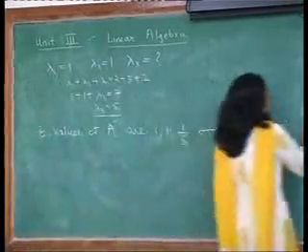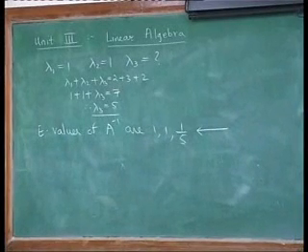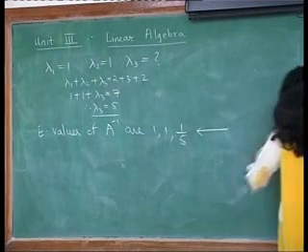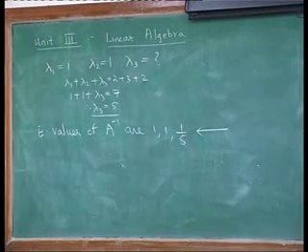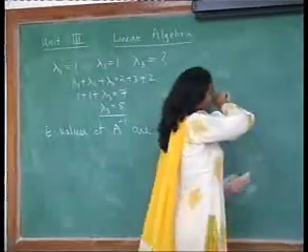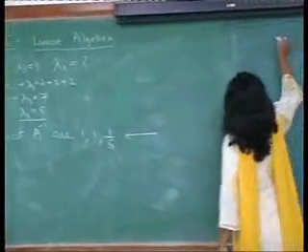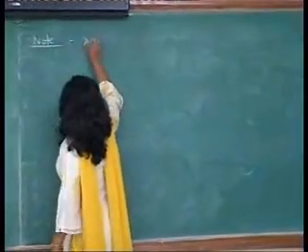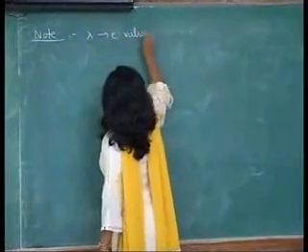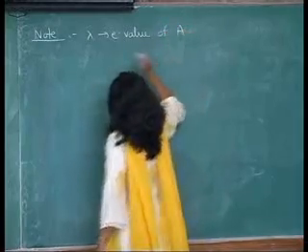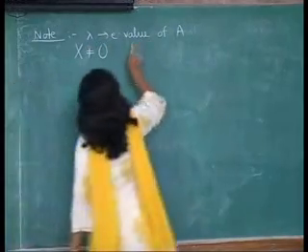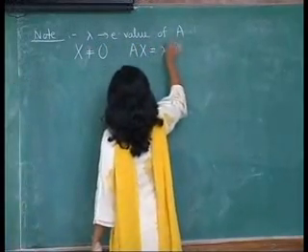And before we wind up this session, as I had promised, we'll see a method for finding the eigenvectors of a matrix, and we'll work out at least one problem in class. For lambda to be an eigenvalue of A, I must get a non-zero vector x for which Ax will be equal to lambda x.